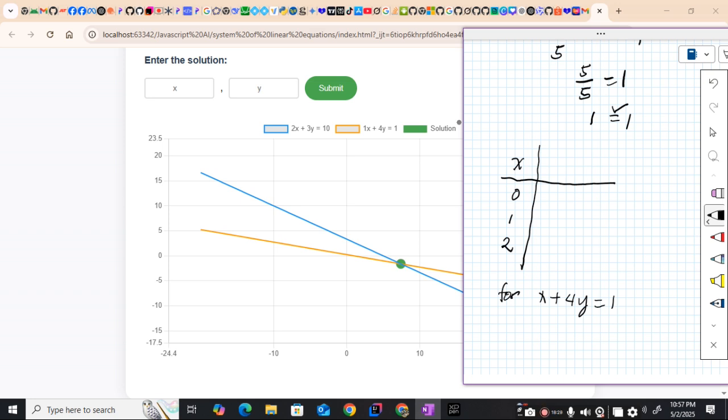Now, to find the corresponding value for y, all we need to do is modify the equation a little bit. So this is 4y equals 1 minus x, and therefore y equals 1 minus x over 4. For 0, this is essentially 1 minus 0 over 4, which gives you 1/4.